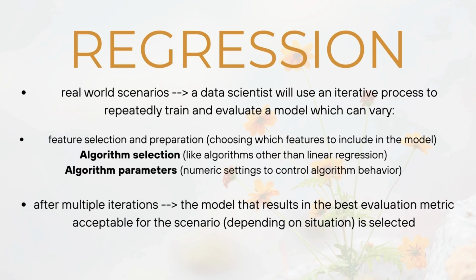And algorithm parameters: numeric settings to control algorithm behavior, more accurately called hyperparameters, to help differentiate them from the x and y parameters. After multiple iterations, the model that results in the best evaluation metric acceptable for the scenario, depending on the situation, of course, is selected.